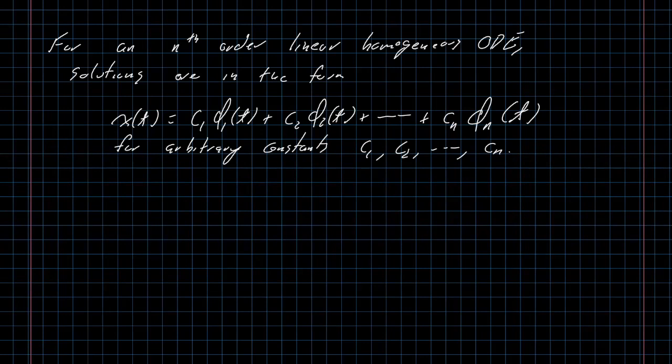The important thing here is that we have n arbitrary constants, c1, c2, down through to cn.